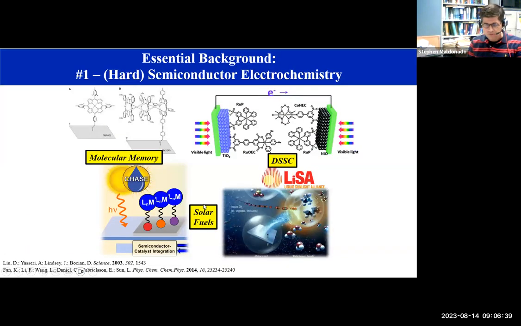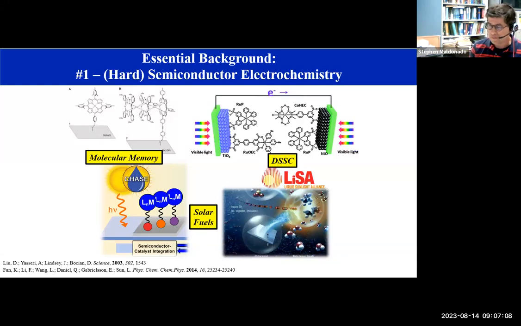So I'll just give a couple of brief bits on background, for those of you who are less in tune with traditional hard inorganic semiconductor electrochemistry, just the bare bits on why this might matter. There are a lot of interesting architectures for molecular memory, which has been going on for a couple of decades, involving charge transfer between things like silicon and redox active molecules and molecular assemblies.